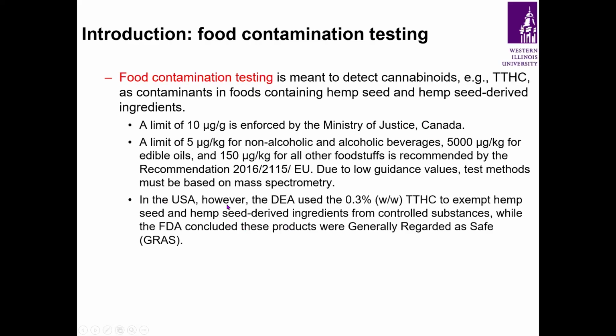In the USA, however, the DEA used the 0.3% total content of THC to exempt hemp seed and hemp seed-derived ingredients from controlled substances. The FDA concluded these products were generally regarded as safe. In other words, we usually don't do food contamination testing in this country.